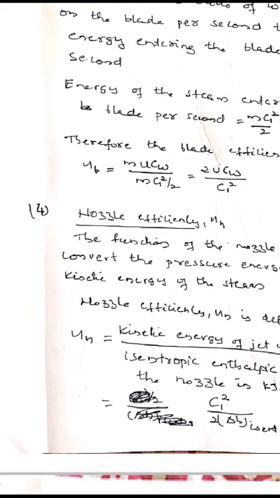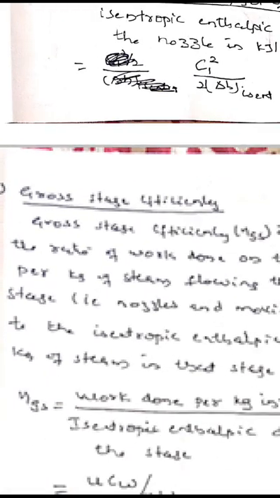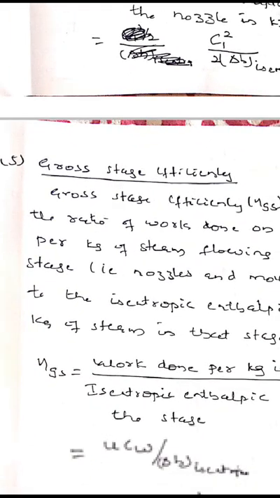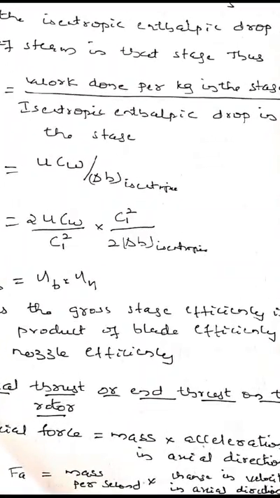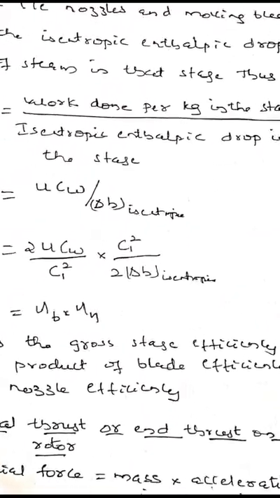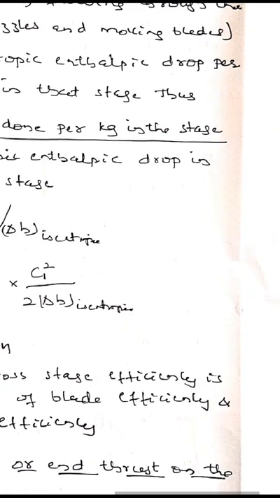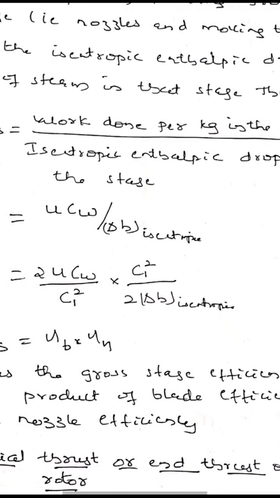Now, gross efficiency. What is the gross efficiency of a turbine? Gross efficiency is the power developed by the turbine divided by the energy at inlet to the nozzle. It is the work done per kg in the stage divided by the isentropic enthalpy drop in the stage.